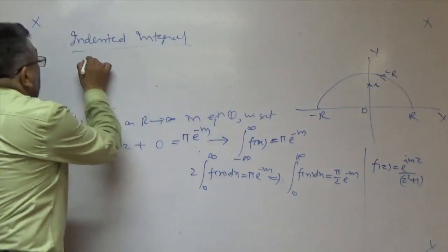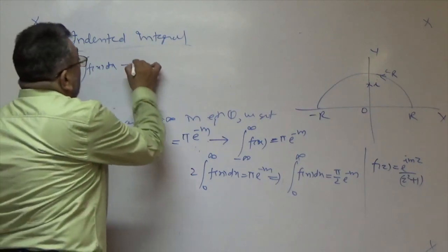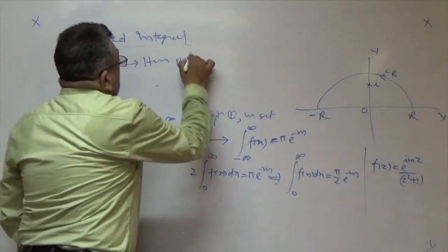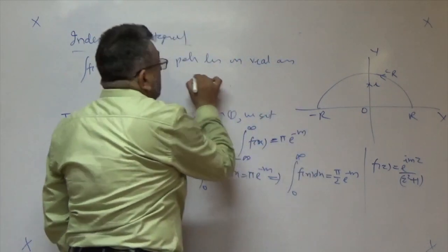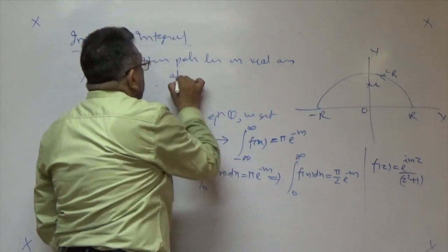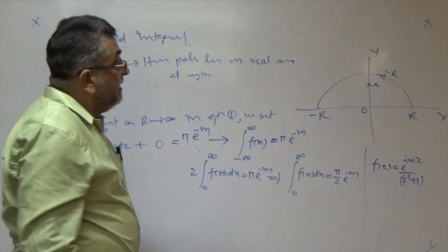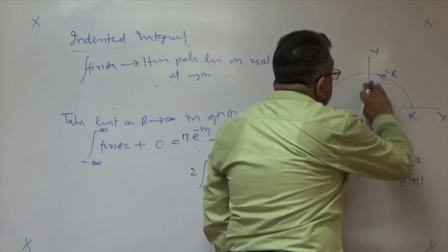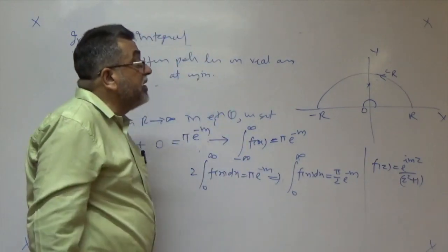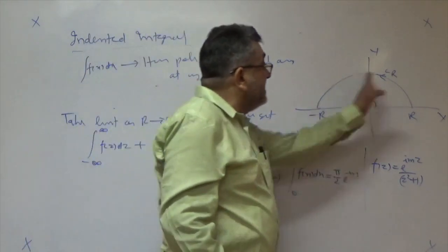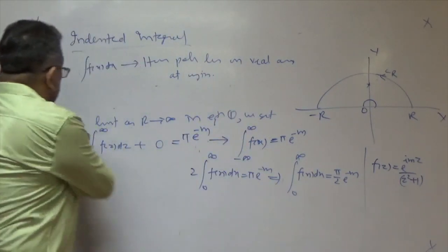Means if we have to solve this integral, and here the pole lies on the real axis at origin, then we indent this origin also. Means we take a small circle around the origin, and now this is the region. And now we discuss on this region how you can solve this.